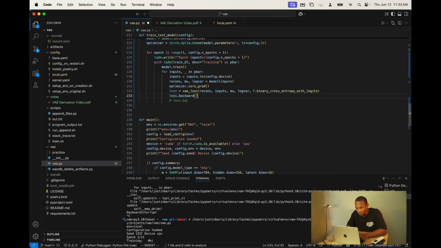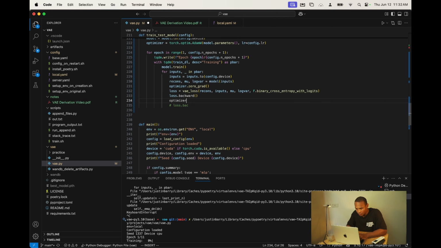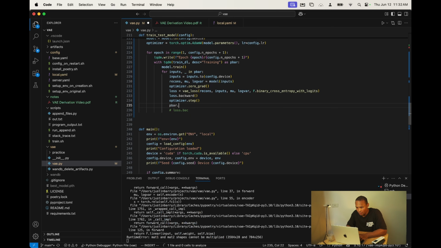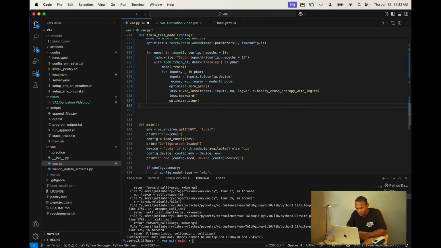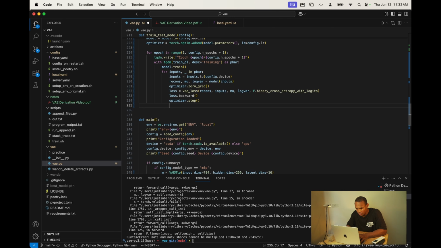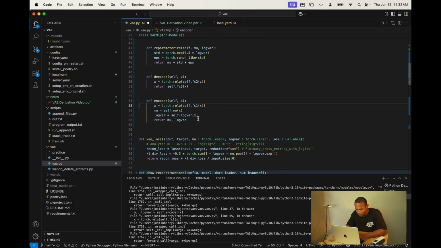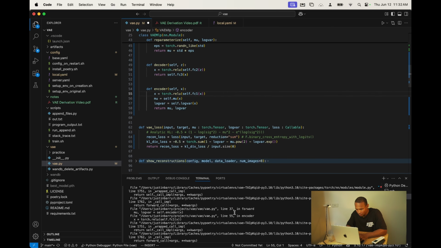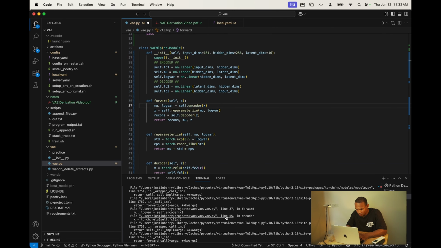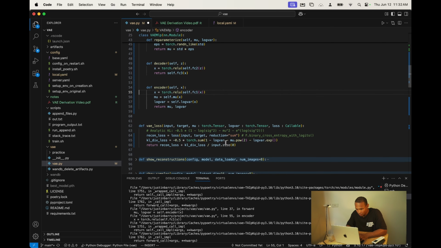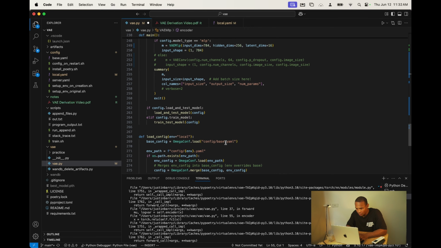Loss.backward, optimizer. I didn't flatten the inputs.